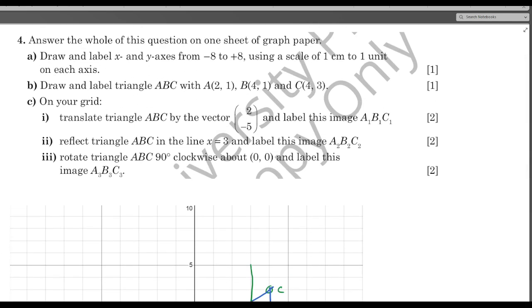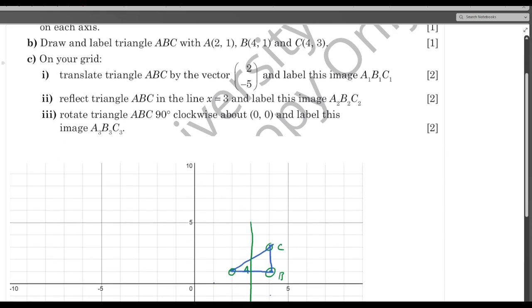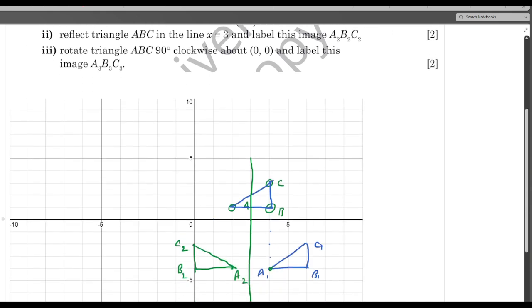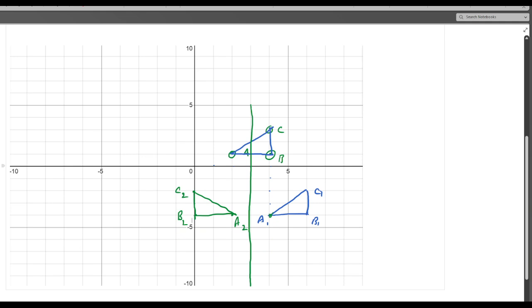Okay, then rotate the triangle ABC 90 degrees clockwise about origin and label this as A3 B3 C3. So triangle ABC we have to rotate clockwise by 90 degrees. So as you rotate clockwise by 90 degrees, this point will be somewhere here.